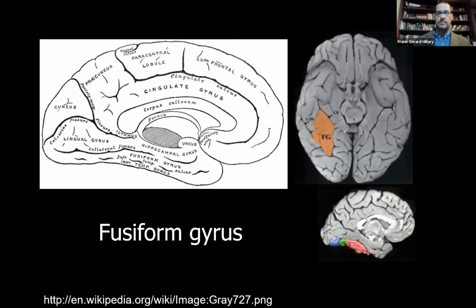Part of the research in the cognitive neurosciences, understanding our ability to recognize objects, and in particular faces, has focused on a region called the fusiform gyrus. At one point it was even called the fusiform face area, because it was believed that the fusiform gyrus was almost solely responsible for recognition of faces.